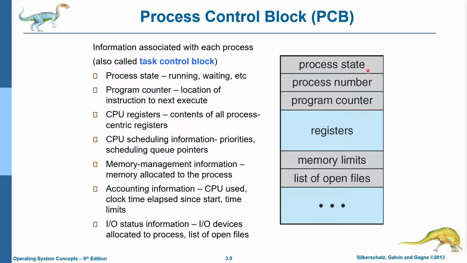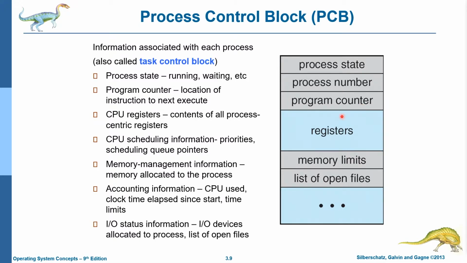So it has the process state, that is what we just went over on the previous slide, a process number, some kind of identifier for the process, and the program counter. Now the program counter is the address of the instruction that is going to execute next. And so when the process goes from running to waiting, when it's resumed, there's a location within the source code that it can begin executing again.